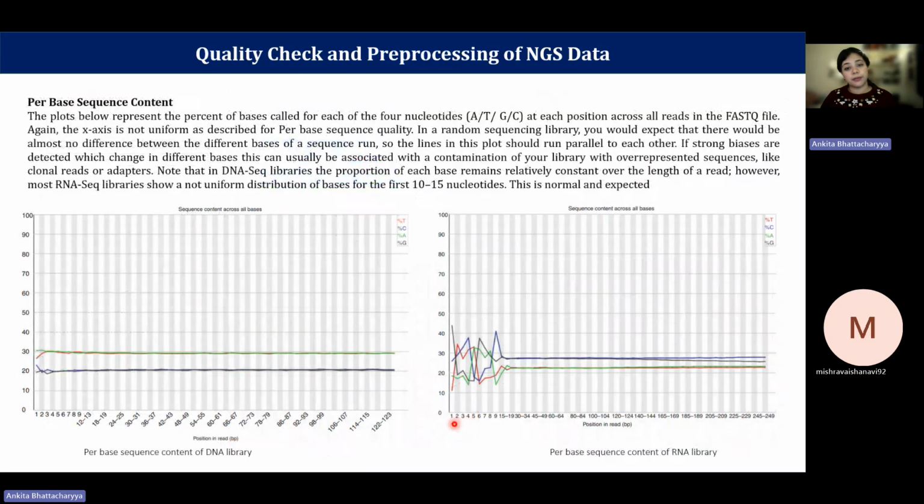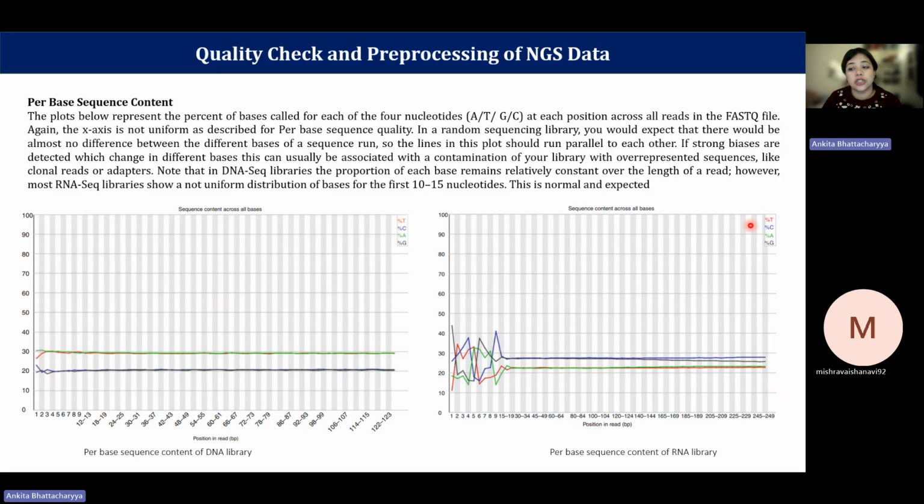Then the next parameter you get is the per base sequence content. You can see here that for DNA and for RNA libraries, you get different sorts of outputs. For a DNA library, you would want these lines to run in parallel. What do these lines represent?